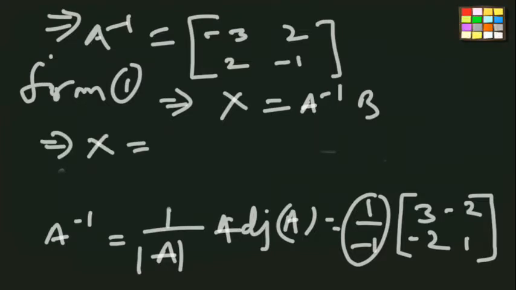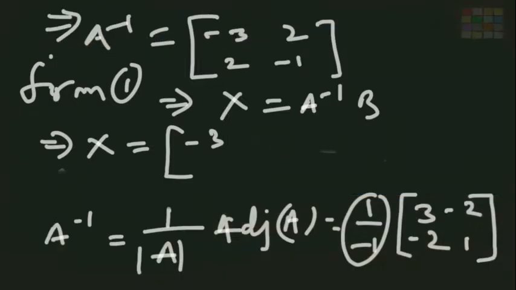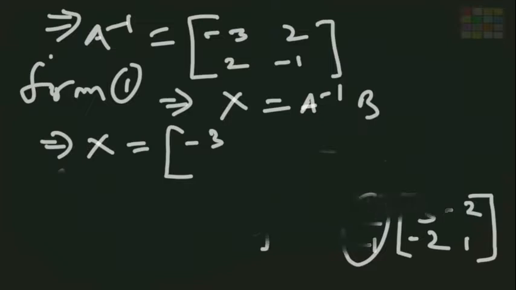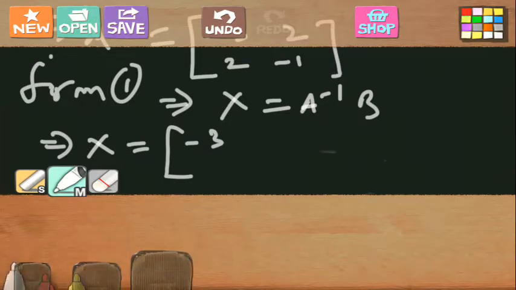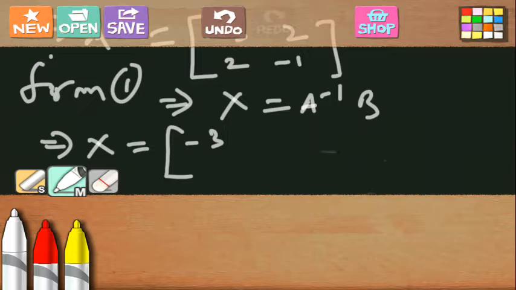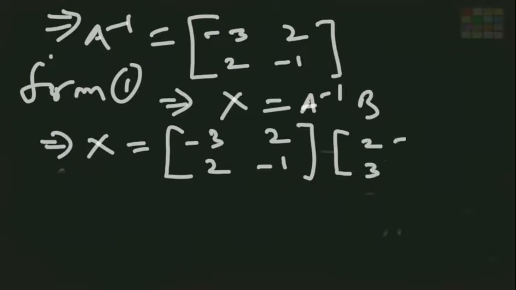So X equals, in place of A inverse I will be writing -3, -2, so I will be writing in this manner, please see, -3, and this one will be -3, 2, and this one will be 2, -1, and in place of B, if you rewind this video, I have written B is 2, 3.